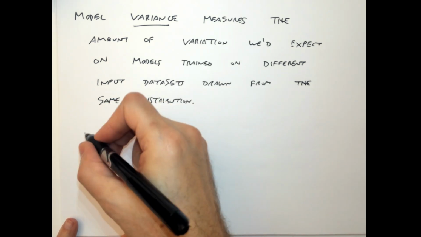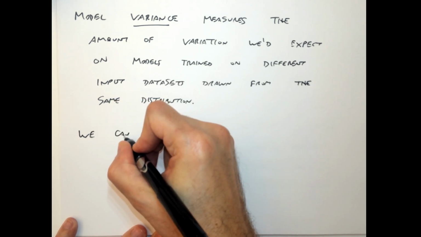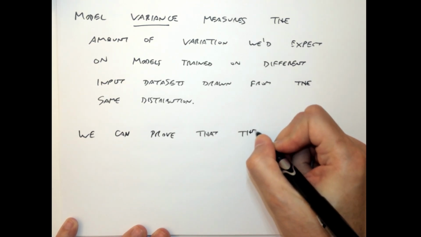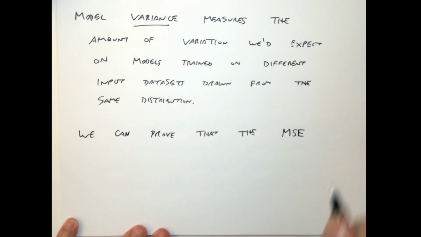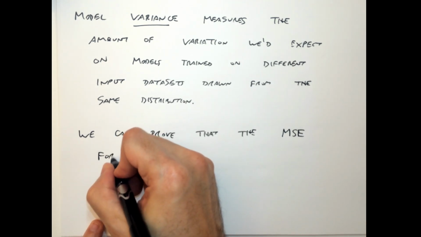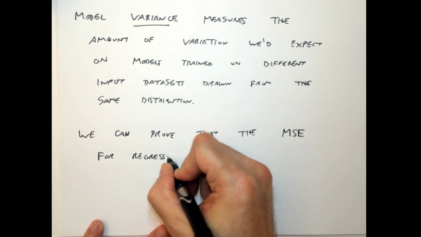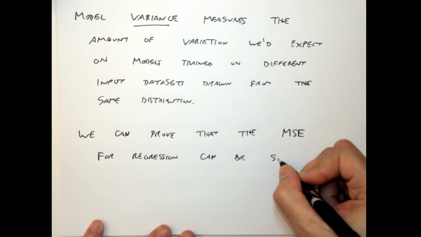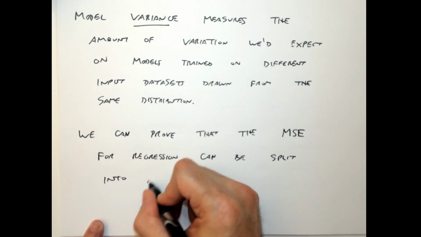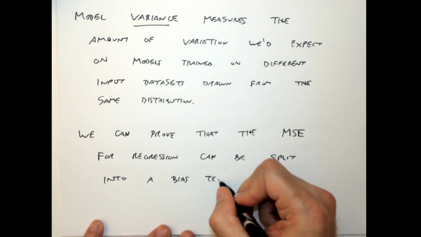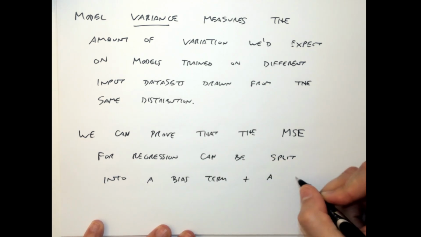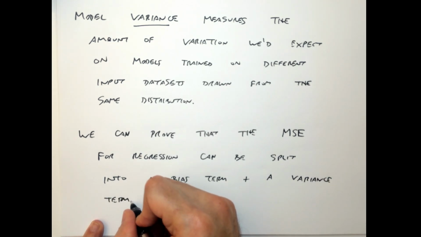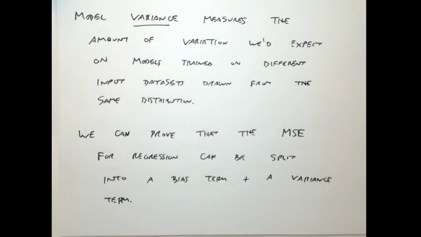So we can prove, though I'm not going to actually prove it, that the mean squared error for regression, which is what we've been talking about, can be split into a bias term plus a variance term, which is sometimes an instructive way of thinking about your model, right?